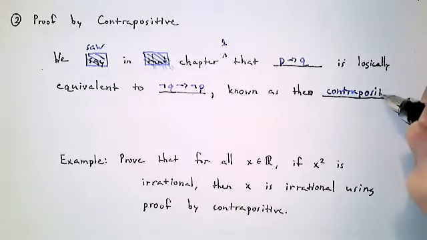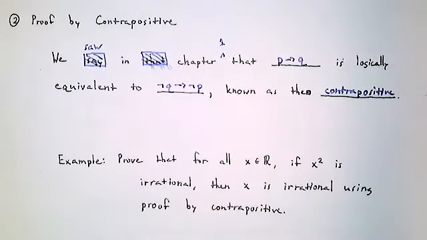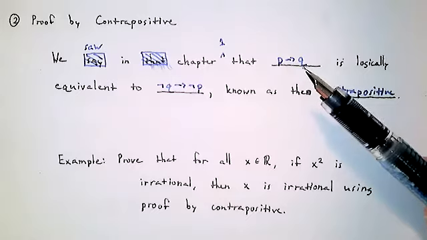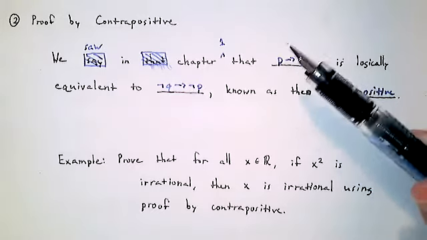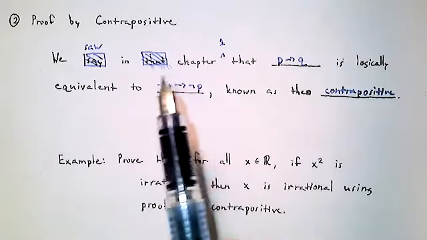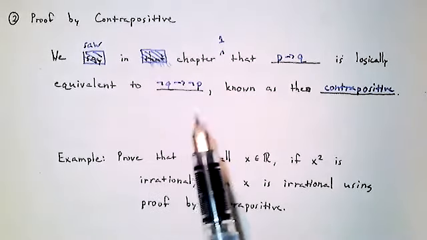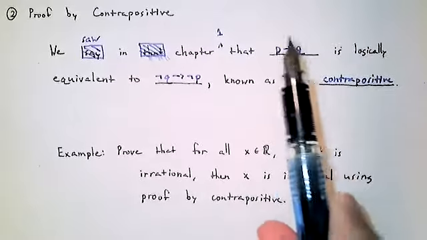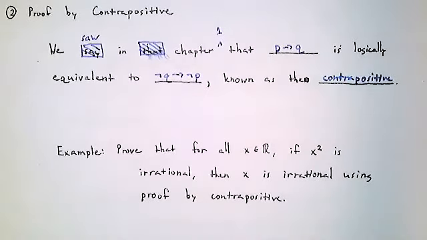And I know I told you back in chapter 1 that the contrapositive was going to play an important role going forward. And this is the most important role of the contrapositive. Because anytime we see an implication or a conditional statement like this, it's actually the same as its contrapositive. And sometimes it's easier to look at the contrapositive than it is to look at the original conditional proposition.